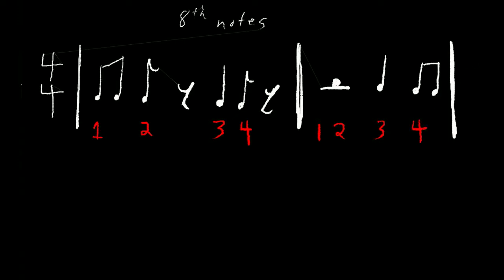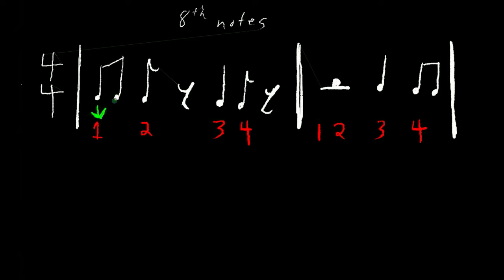And now we get to move on to, and I'll do this in green like we've been doing these so far, writing in the upbeats and downbeats. So the very first beat of the piece is going to happen on a downbeat, like that.